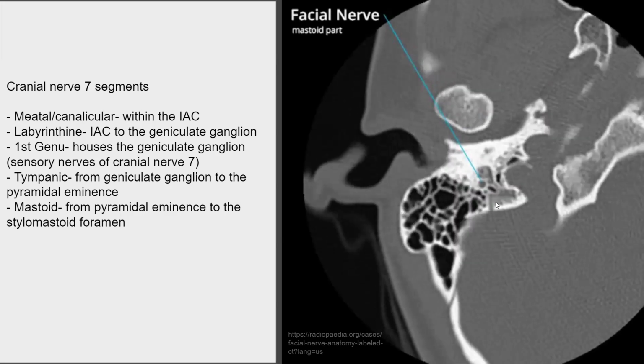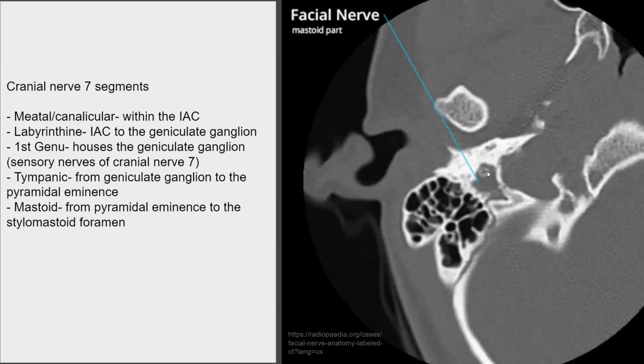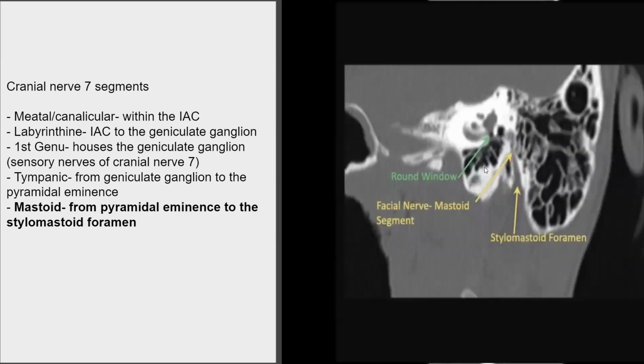All right, eventually this is going to exit through the stylomastoid foramen. How do we remember that? Well, the stylomastoid foramen is close to the mastoid air cells and the styloid process. And so here's the styloid process right here. Here are the mastoid air cells, and the stylomastoid foramen is next to the mastoid air cells and the styloid process.